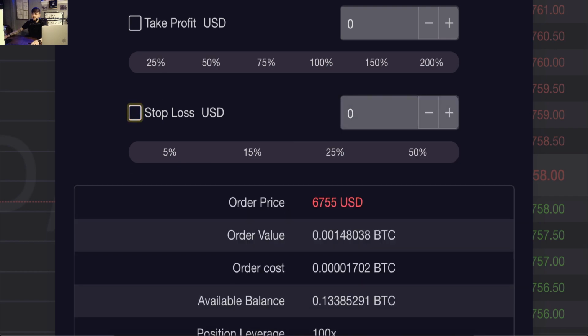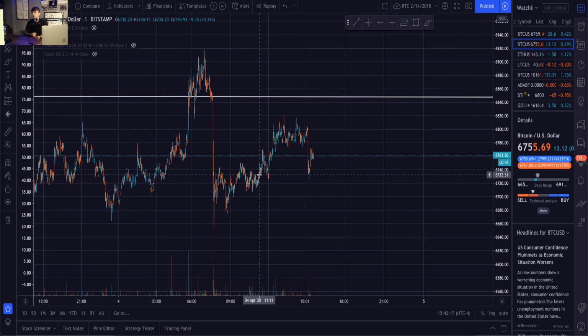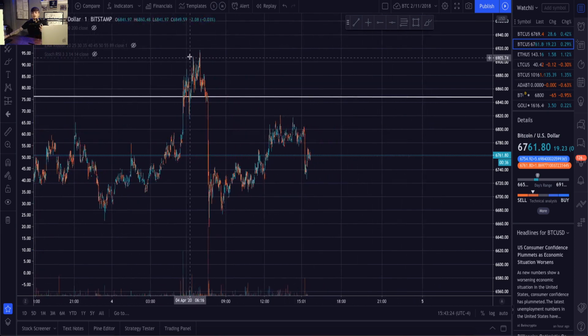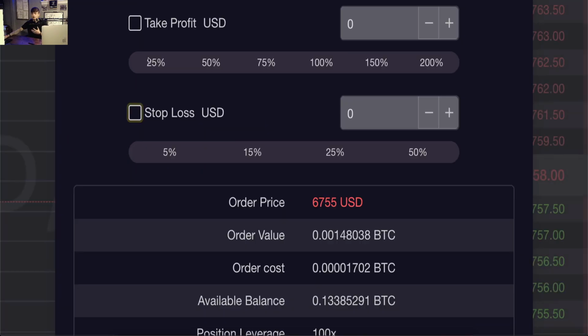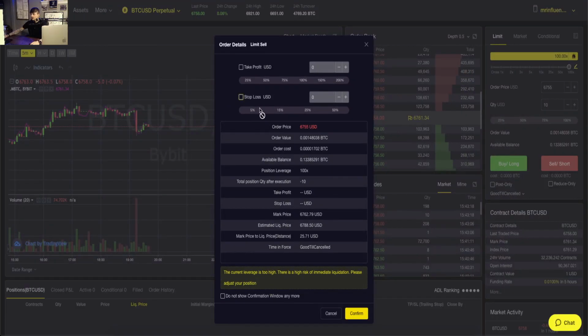A lot of ways to find a good stop loss is by, once you learn your technical analysis and everything, usually your resistance line or support line is going to be where your stop loss should be around. But that's a whole nother video. Possibly might be making a course in the future to teach you guys how to trade. We'll see. But after that, we're not going to do any of these. We're just going to go confirm.